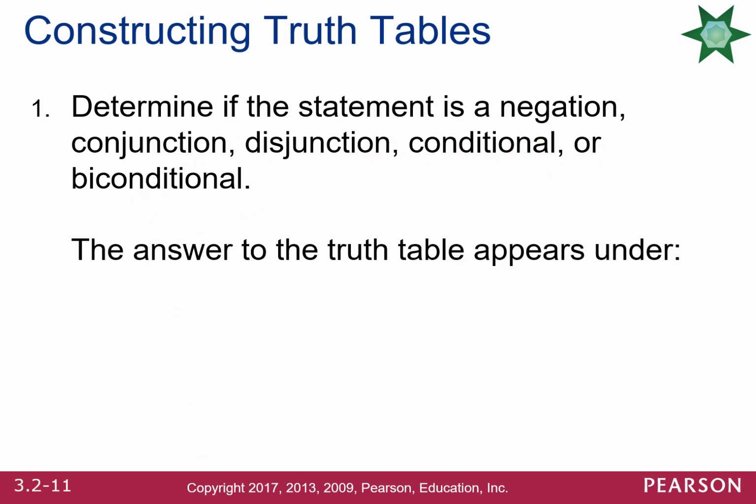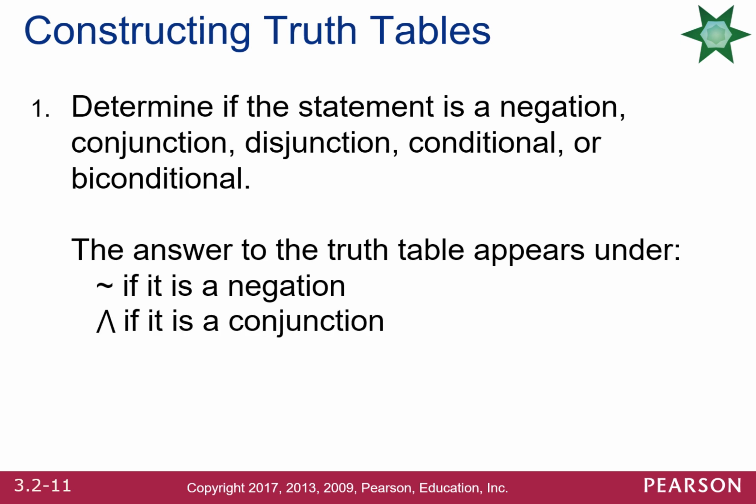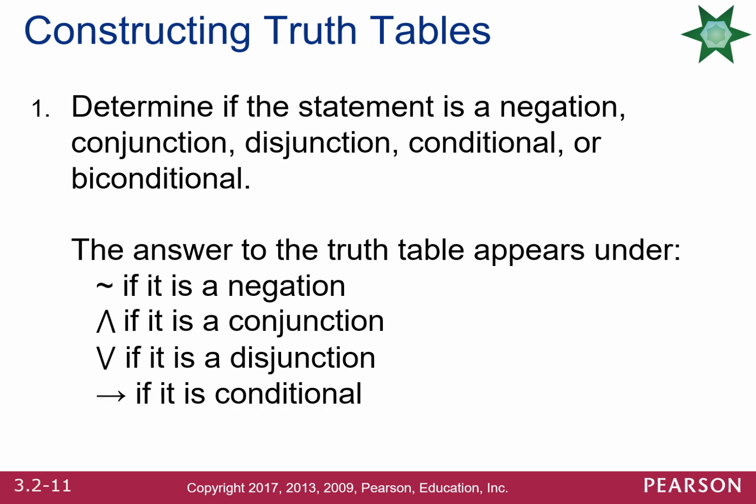However, it goes on to say that we follow a rule that the answer to the truth table appears under this tilde symbol if it is a negation, the downturned V symbol if it is a conjunction, the V symbol if it is a disjunction, which is the or statement, the one directional arrow if it is conditional, and the bidirectional arrow if it is biconditional. That's where we will place the final result.